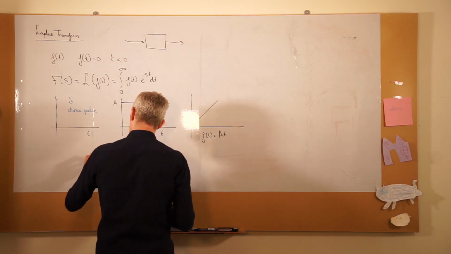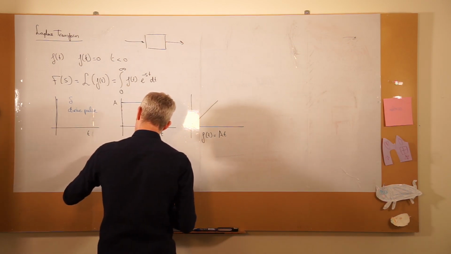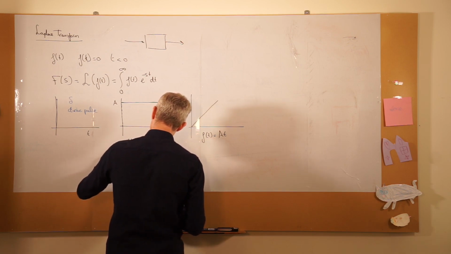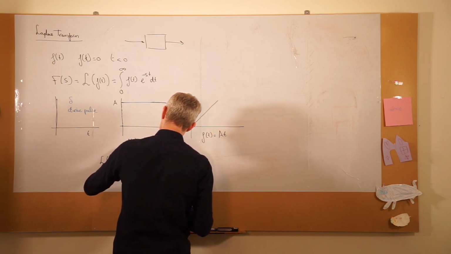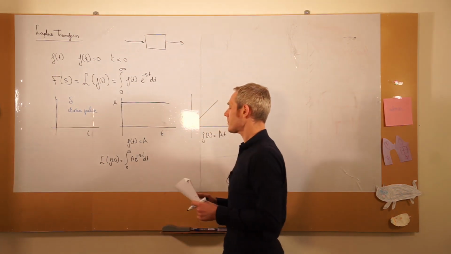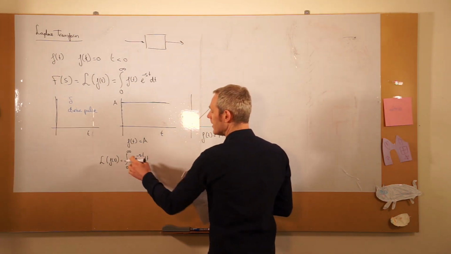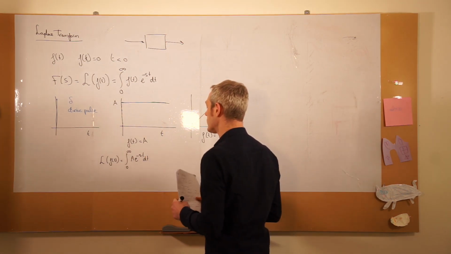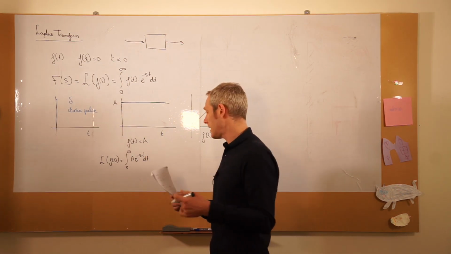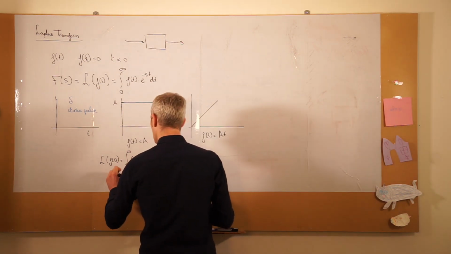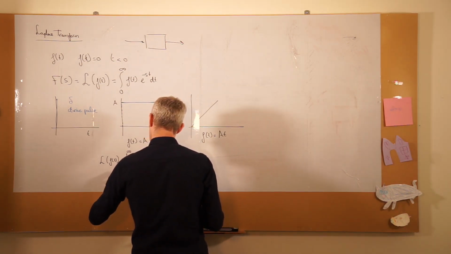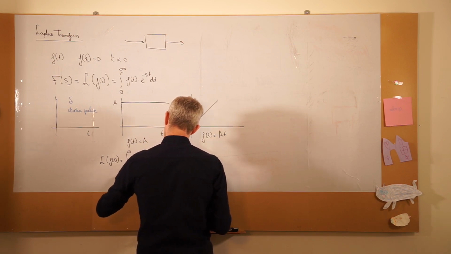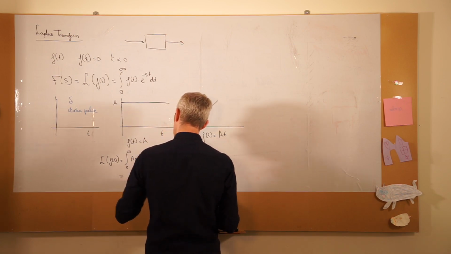If we take the Laplace transform of f of t, it is the integral from 0 to infinity of a times e to the power of minus st dt. Well, we could take the a in front of the integral, and we can take the integral of e to the power of minus st, and we are left with minus a over s e to the power of minus st between the limits 0 and infinity.